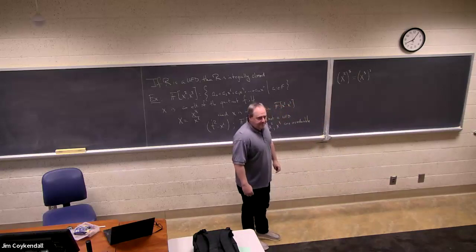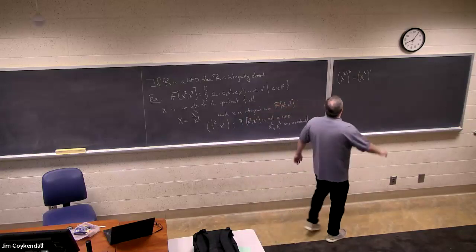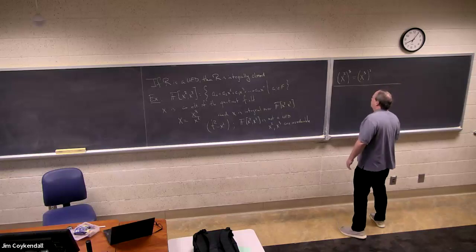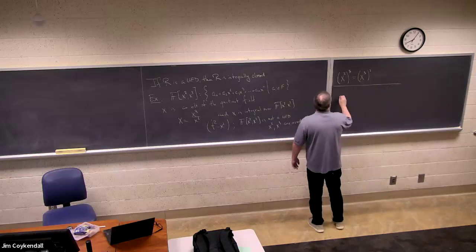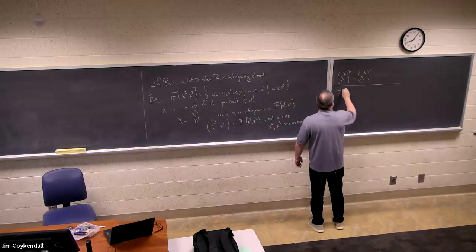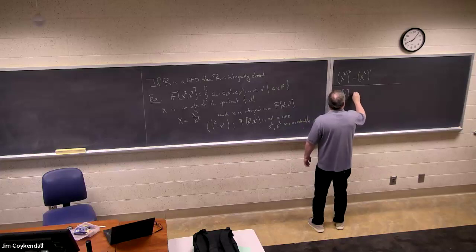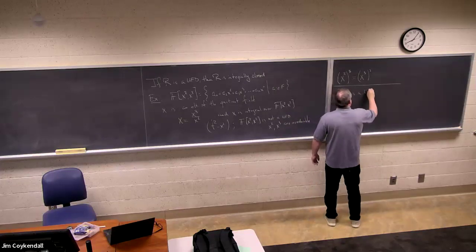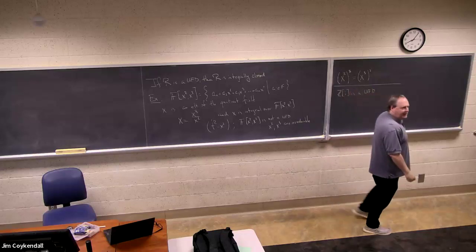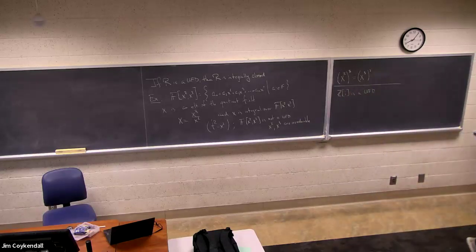Any questions on that? Here's a more subtle example. This is one of my favorite rings. How many of you have ever shown in your dark past that this is a UFD? Right? If you've ever had a number theory class, you probably used the norm.